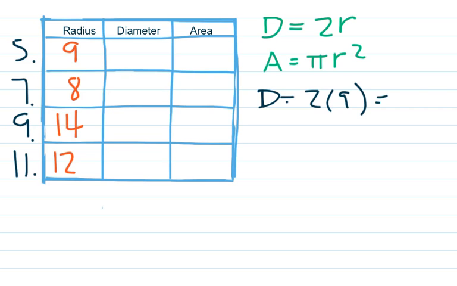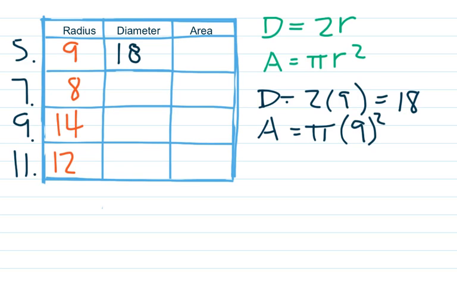And 2 times 9 is 18. So in here, we can write 18. And area equals pi r squared, so pi times 9 squared. And when you square something, you're multiplying it by itself. So 9 times 9 is 81. So our area is 81 pi. So over here, we're going to write 81 pi.